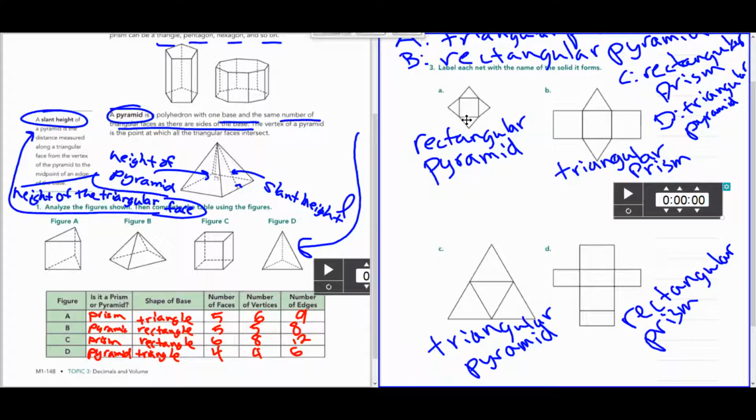All right, and one indicator that it is a pyramid is it's got one base, one shape. The other sides are triangles. And over here, it's got two sides that are triangles. Those would be the two bases of this prism. Okay, this one's a little bit harder to see, but if we fold it up, it's got three sides on the base, so three triangles forming the sides of this pyramid.